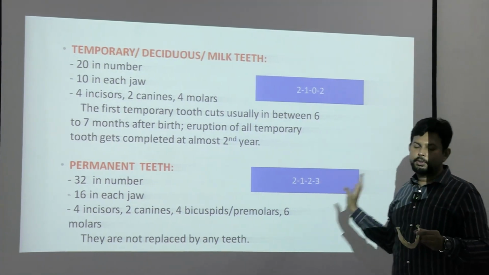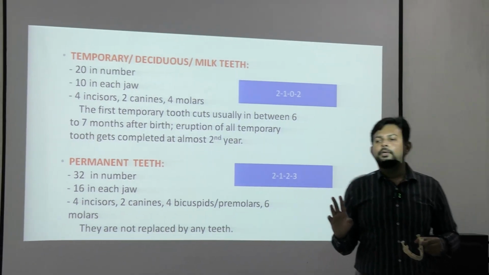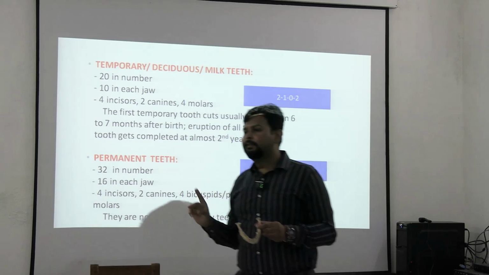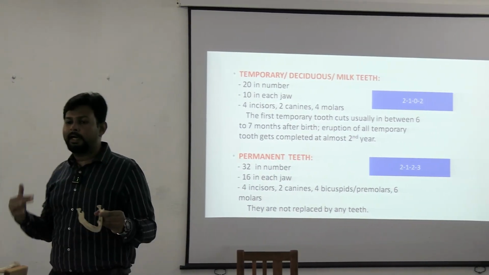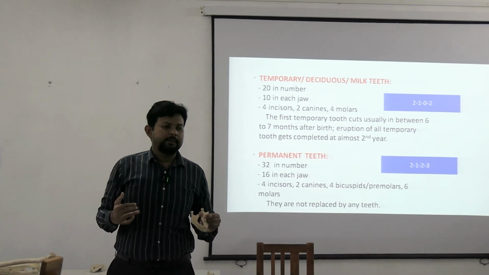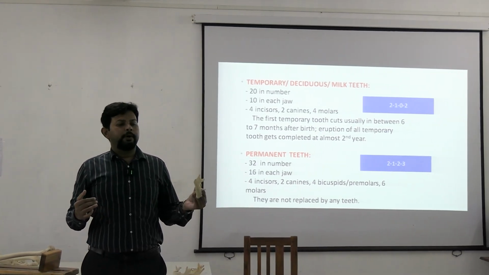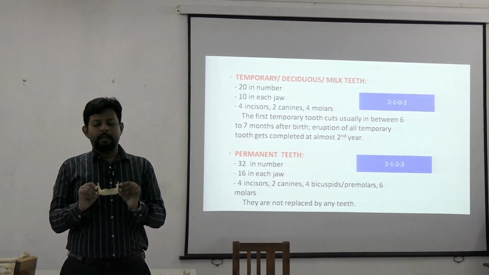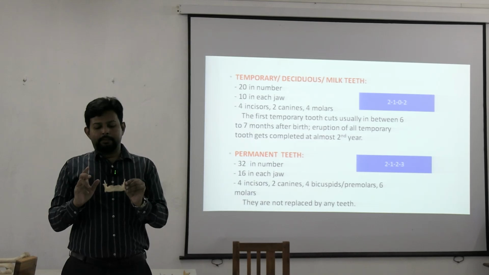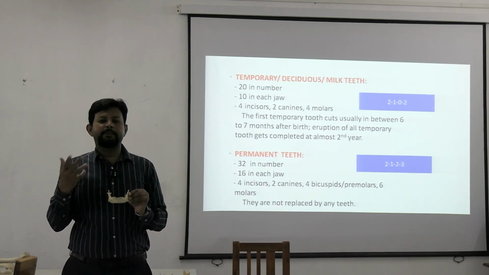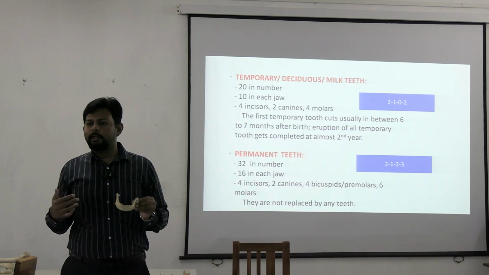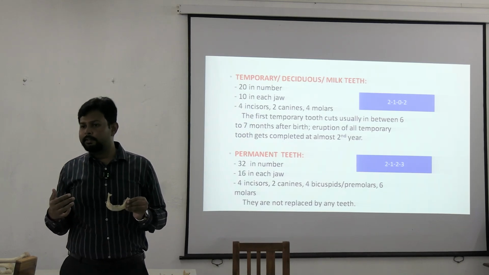2102, 2123. 2123 is 2 incisors, 1 canine, 2 premolars and 3 molars for adults. So now in this formula we have to know the age bracket, which tooth erupts when. Then only we can calculate the age, right?